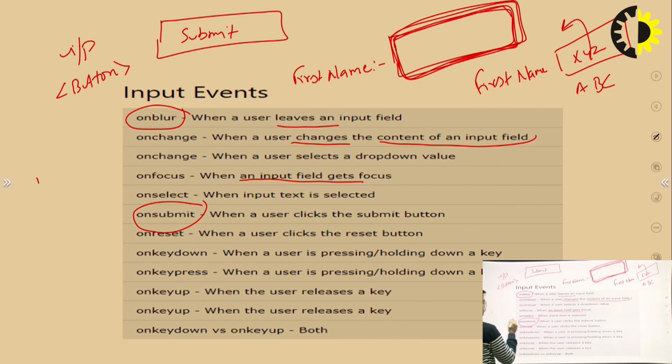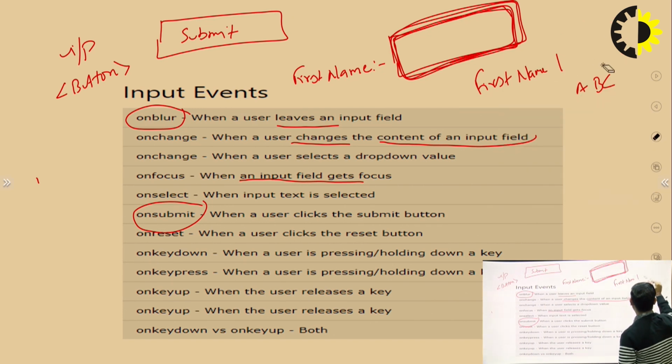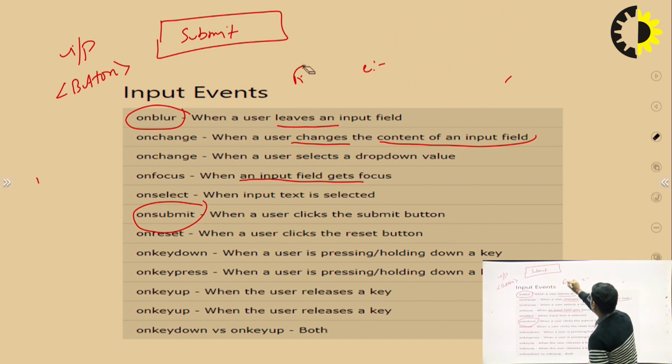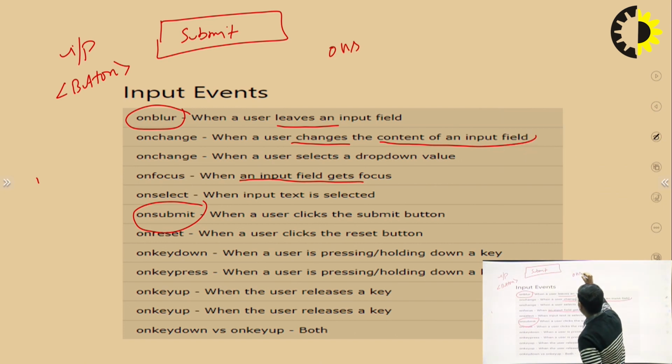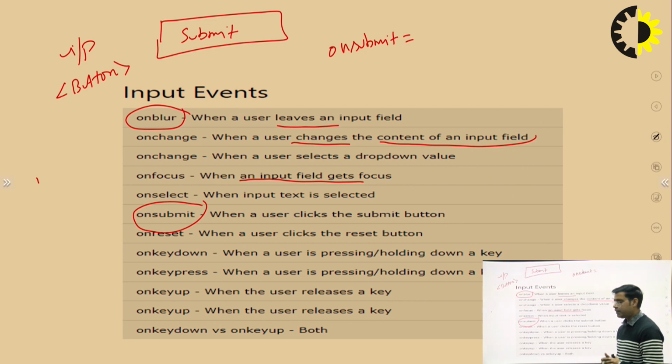So the event name is on submit. This is the on submit event in which the function is invoked. Okay, so I am considering the function name as function 1.